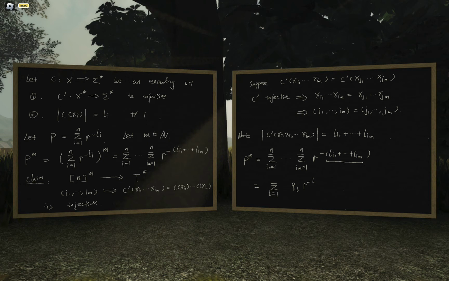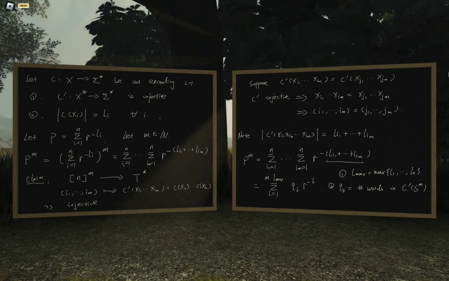We know the maximum length of such a word is given by M times L max, where L max is the largest number among these L. And Q_L is the number of words in this set.